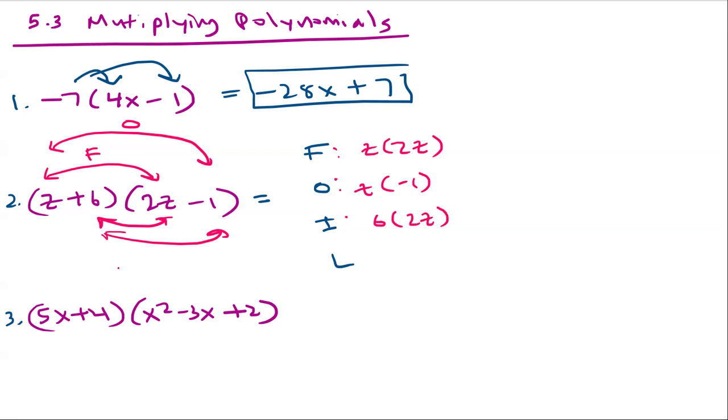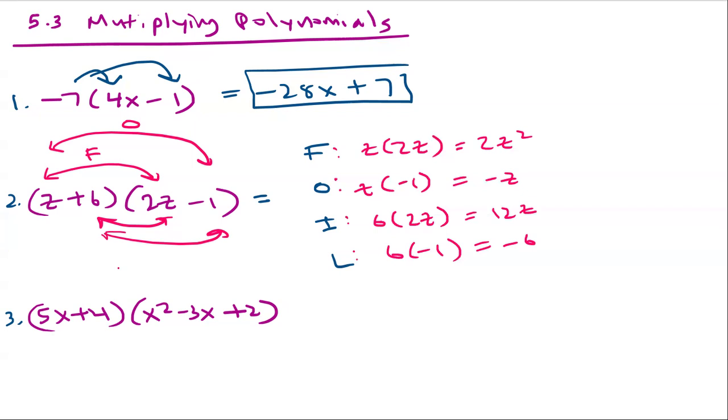And then you have your last terms, which is going to be 6 times -1. So when you do this, you'll get what? 2z squared, -z, 12z, -6. Okay? And then you just combine like terms.